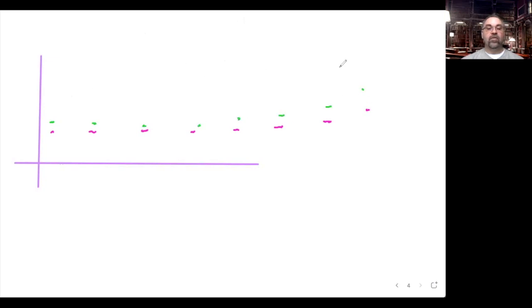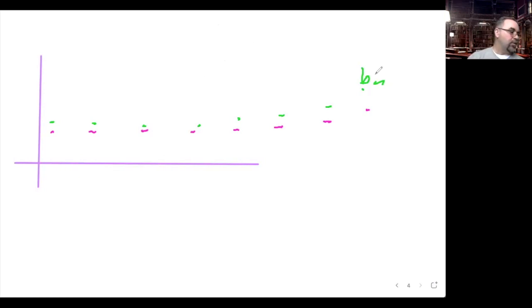Well, there's nowhere for B sub n to go other than to kind of go off and explode off to infinity. So it has to diverge.